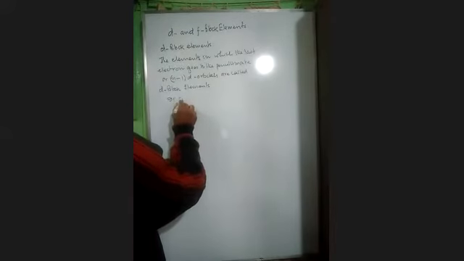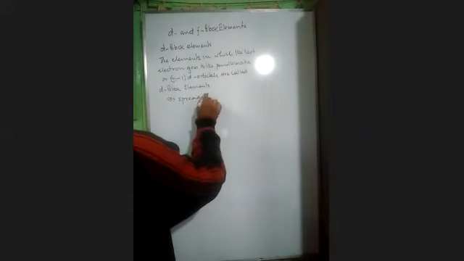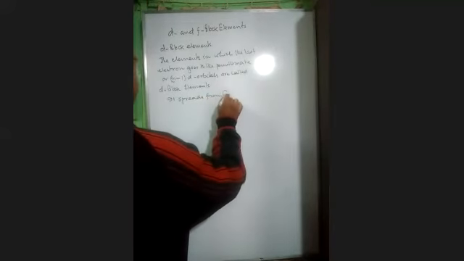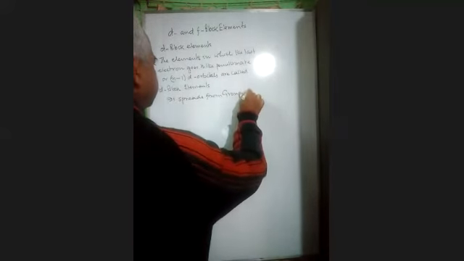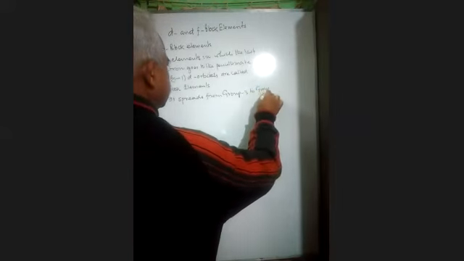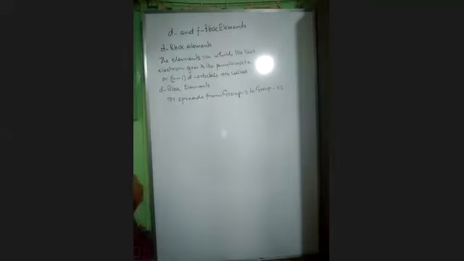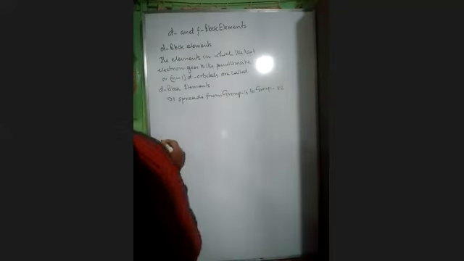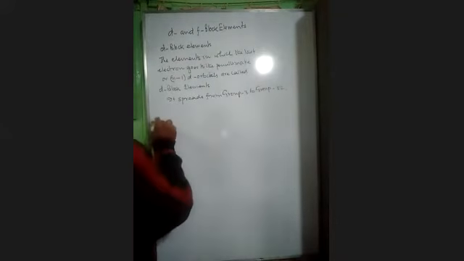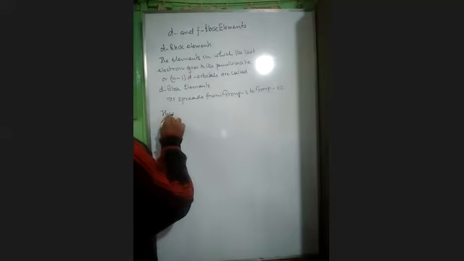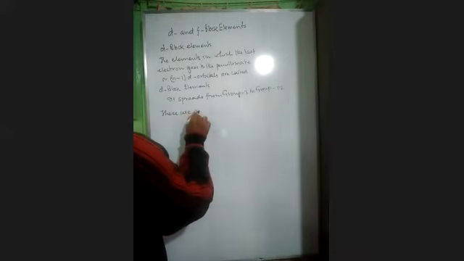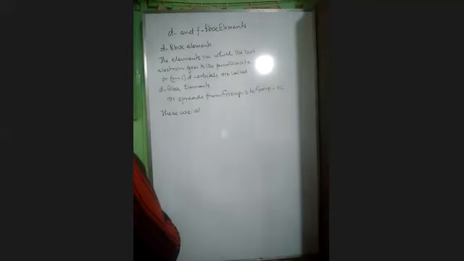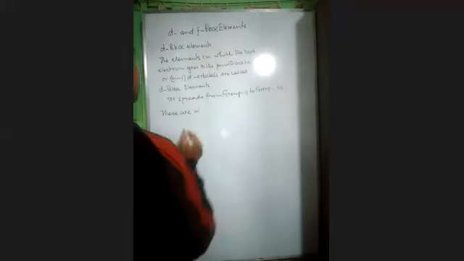It spreads from group 3 to group 12. Electron goes to the penultimate.